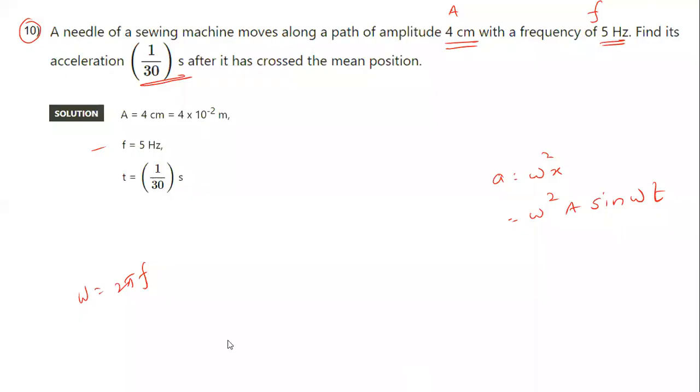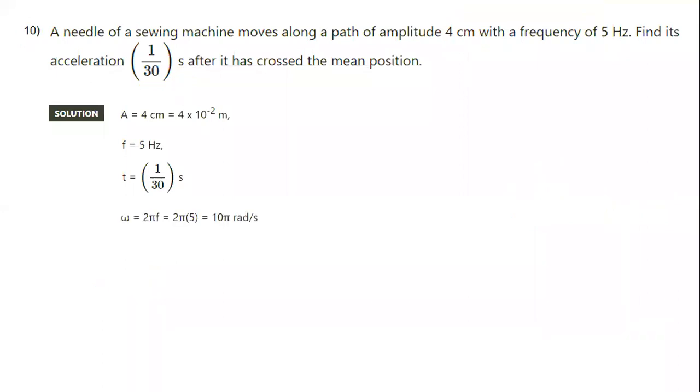Now let me explain here. I hope you understood the hint. Now let's see the detailed solution. Here omega is 2πf and frequency is 5. If we substitute f is 5, then we get omega 10π radian per second. Therefore, for the magnitude of acceleration, you know that acceleration is ω²x, but x is not known, so we substitute x is a sin ωt.